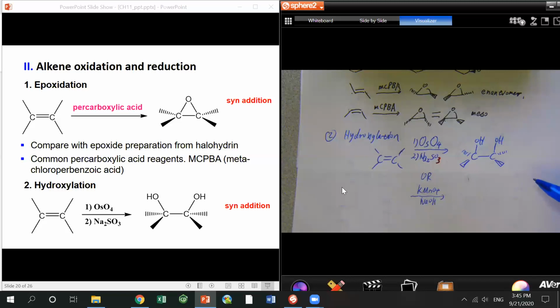Now the third one. With these first two, if you carry out the reaction, you need a 1-to-1 equivalent of reagent relative to the starting material. But for the third one, you can use a catalytic amount.